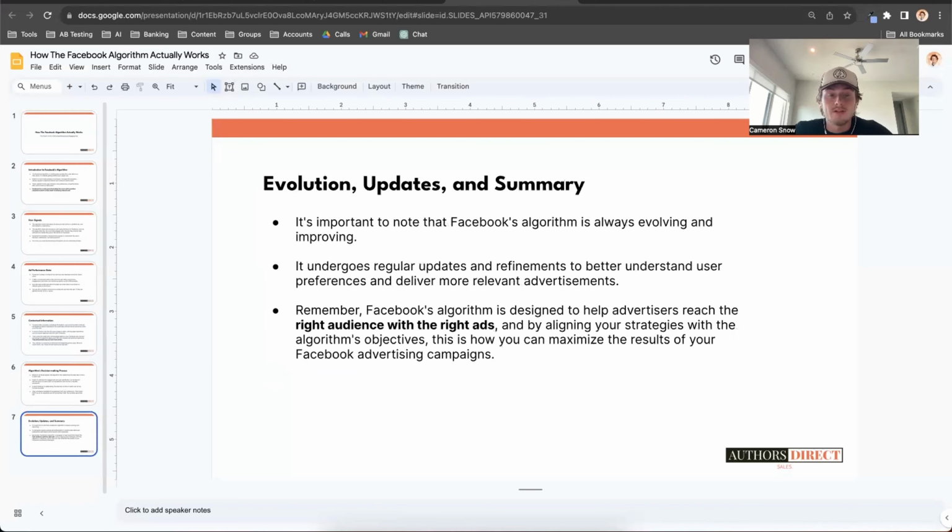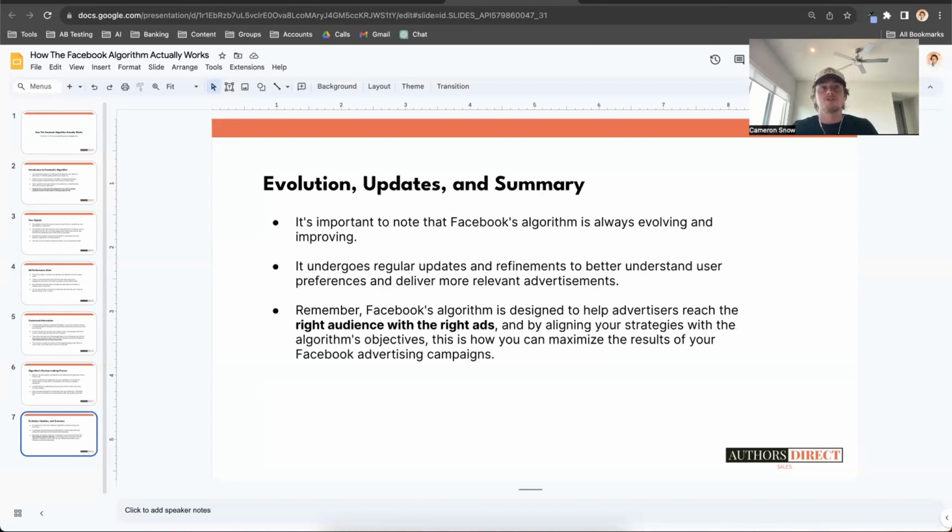Now, in summary, it's important to note that Facebook's algorithm is always evolving. It's always improving. It does undergo regular updates and refinements to better understand user preferences and to deliver more relevant advertisements as well. But overall, Facebook's algorithm is designed to help advertisers reach the right audience with the right ads.